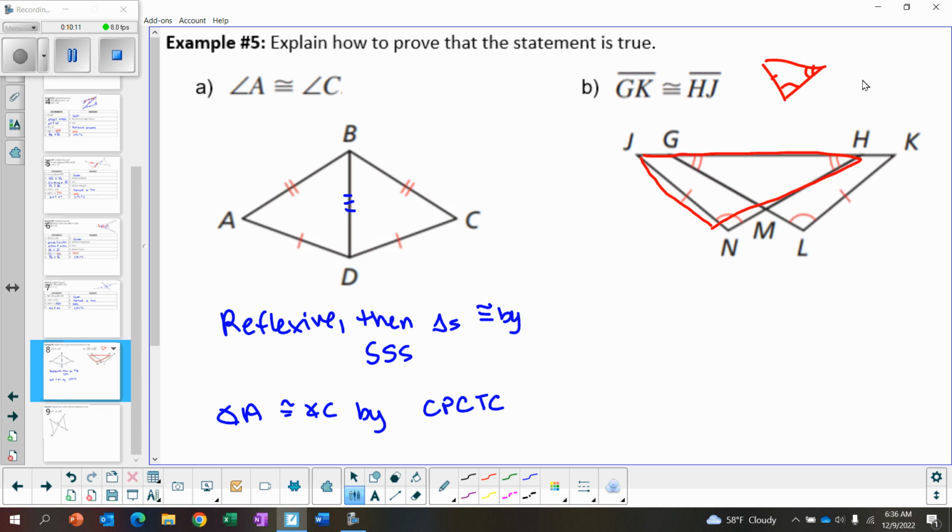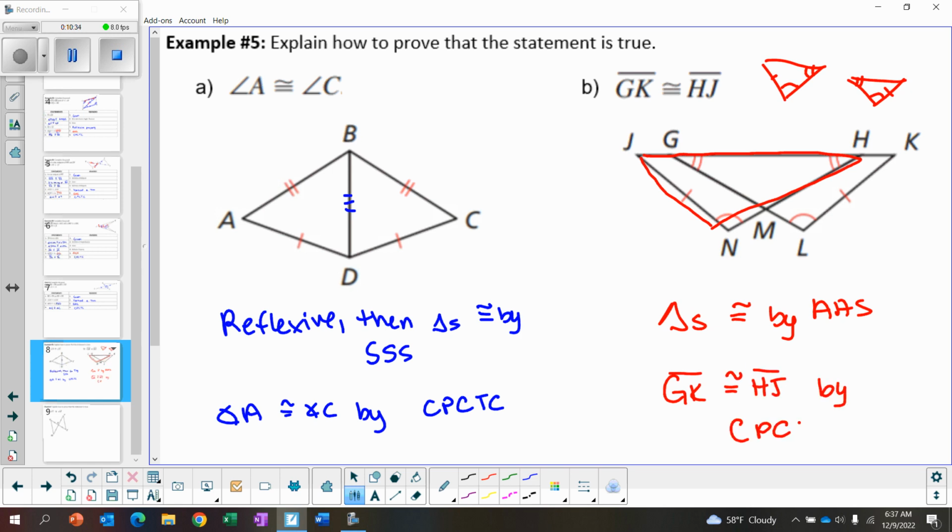And I'm going to have the reverse on the other triangle. I have the double here, the single here, and that side. So I can say that the triangles are congruent by AAS. And then segment GK is congruent to segment HJ by CPCTC.